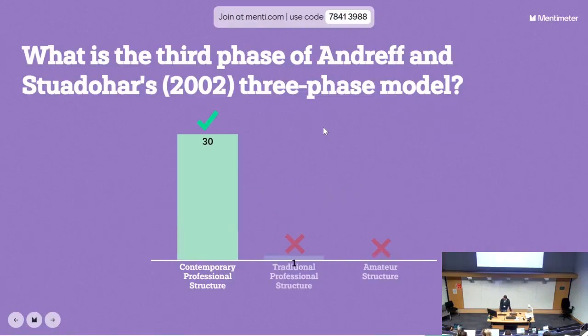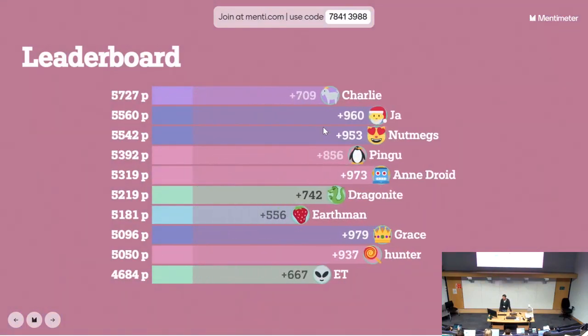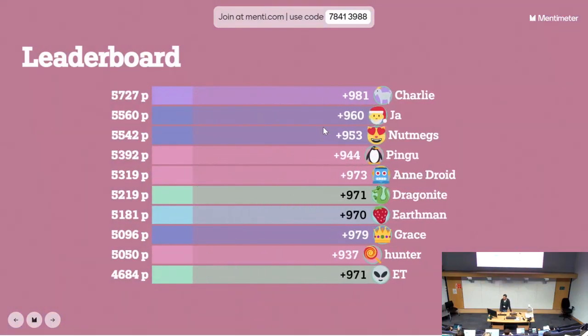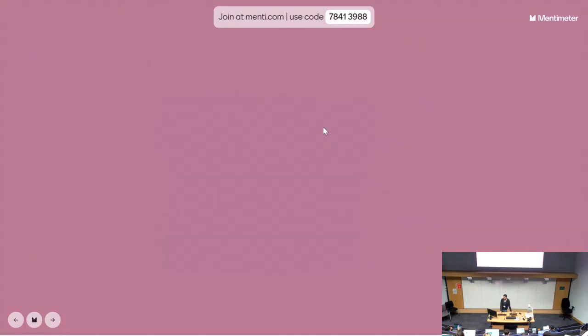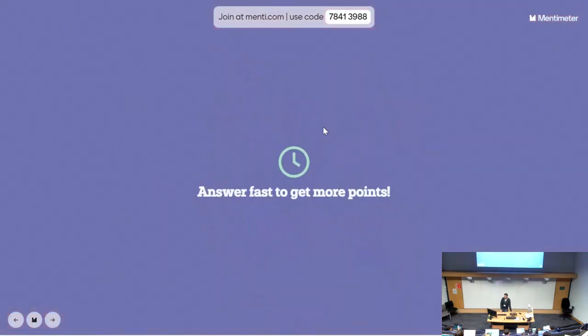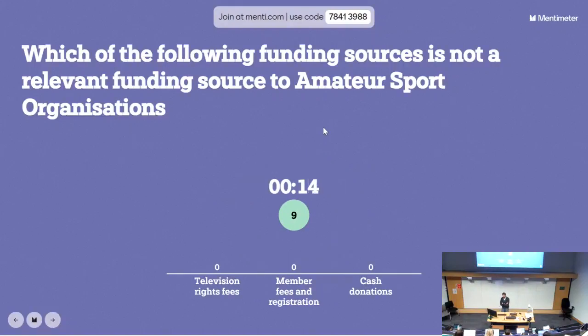Yeah, good. Contemporary professional structure. Okay, 2 more. Which of the following funding sources is not a relevant funding source to amateur sports organizations? You pressed the wrong button. We've all been there.